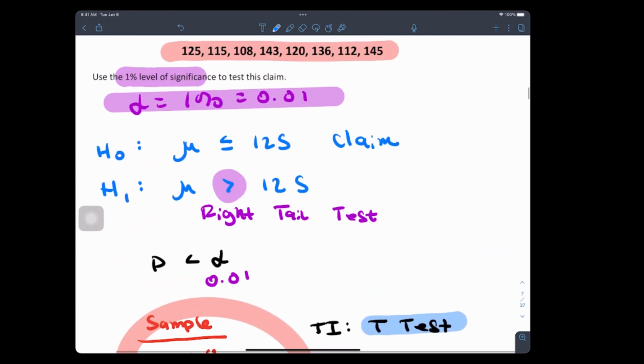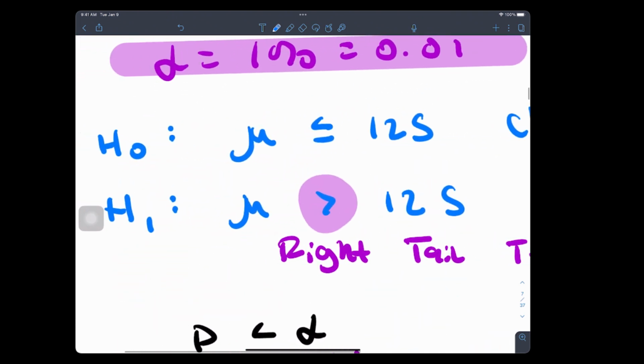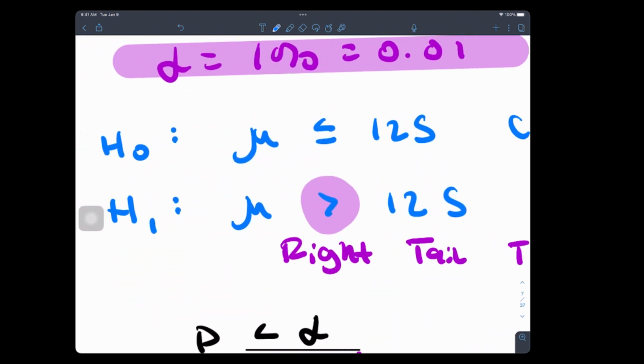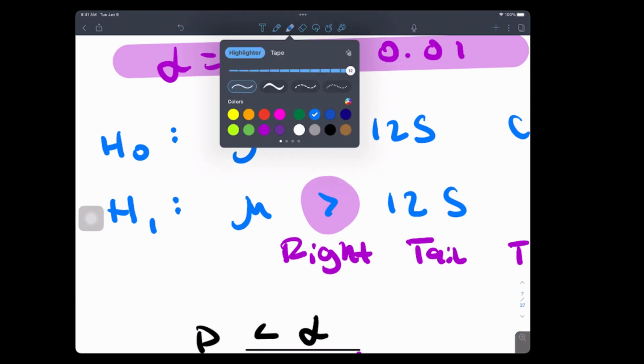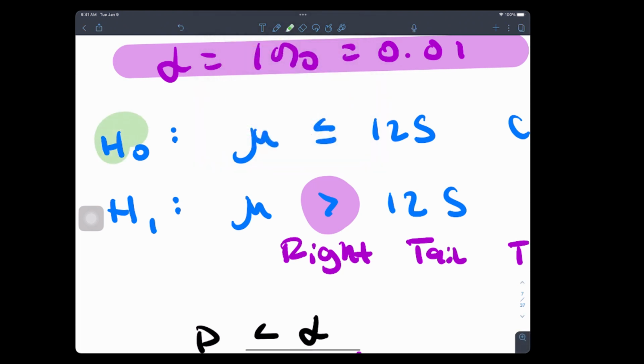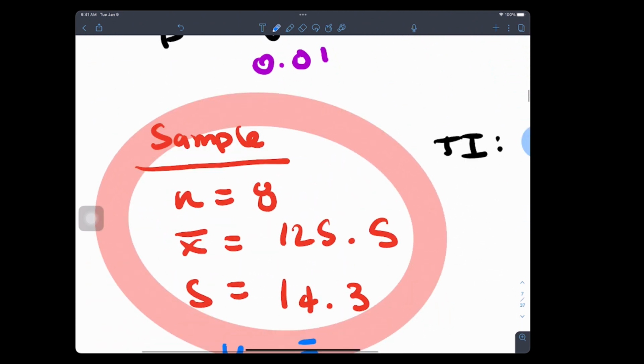What is mu naught? I'm going to be consistent. See this? It's the value that mu equals, because mu is less than or equal. This is mu naught. It's 125. It's the value in the null hypothesis, 125.